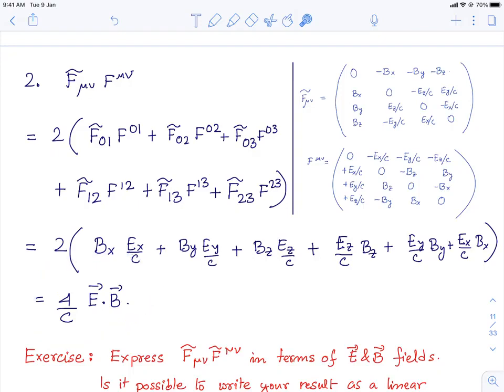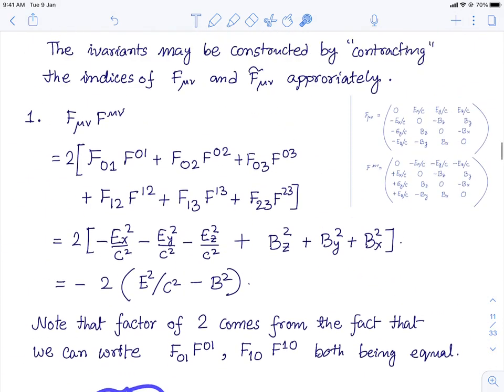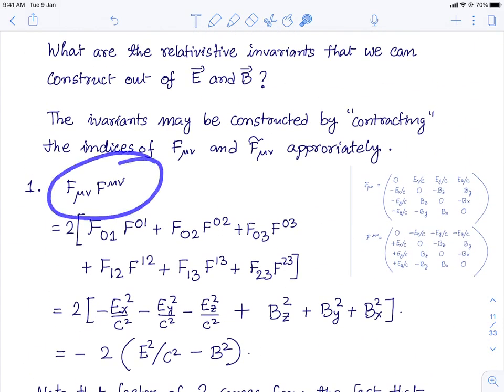You see both this one and this one are relativistically invariant, and because they are expressed in terms of the electric and magnetic fields, they are also gauge invariant. So these quantities don't transform at all under rotations and boosts or under gauge transformations.